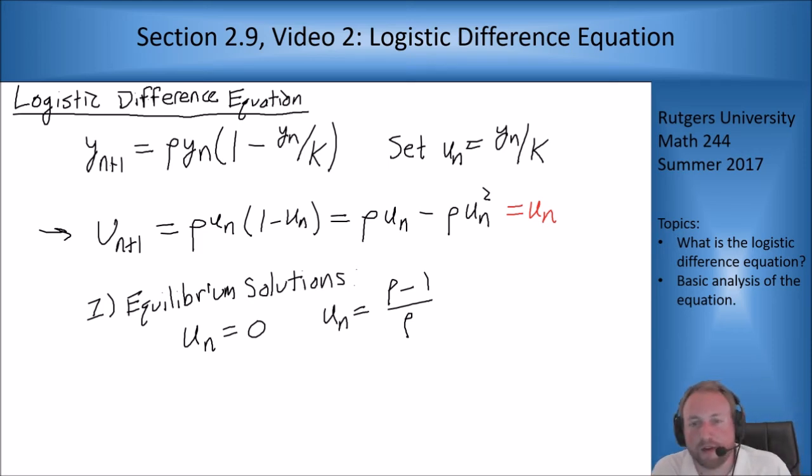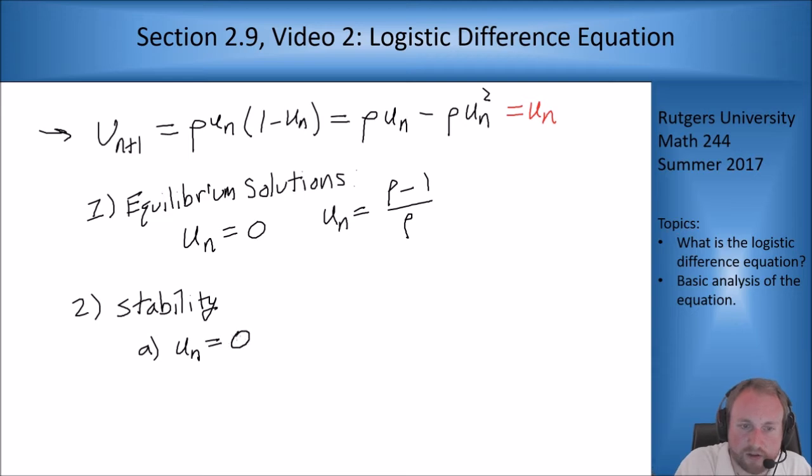So we have that. Now we want to look at stability of these two equilibria. So let's first look at near 0. If it's near 0, we have that u_{n+1} is rho u_n minus rho u_n squared. Well, if u_n is really, really close to 0, then u_n squared is super tiny.